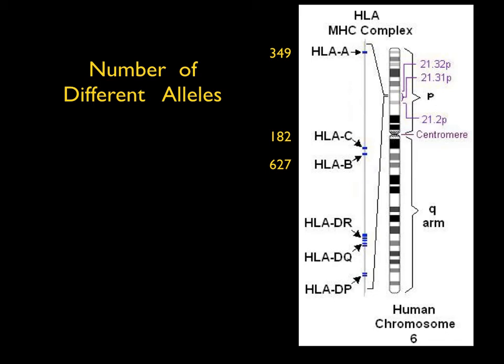If you needed an organ transplant, they would do genetic testing on you to find out your HLA antigen genotype, which is called a haplotype. And your haplotype would be made up of a listing of the specific HLA-A, HLA-B, HLA-C, HLA-DR, HLA-DQ, HLA-DP alleles that you have.